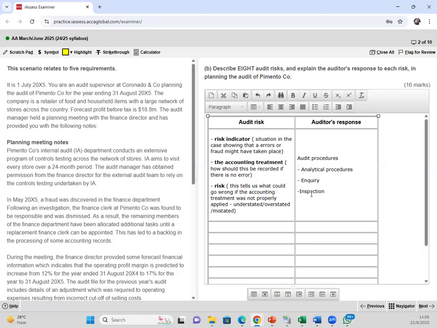Because relying on someone else, they may not give us the information we want. They may not go through the same procedures that we want. But if you can inspect for yourself, you can get the exact information that you want.